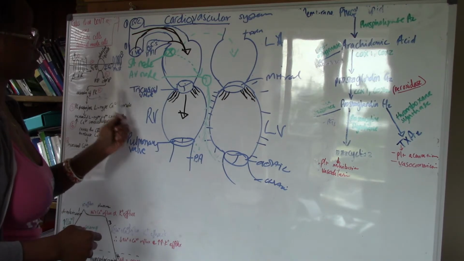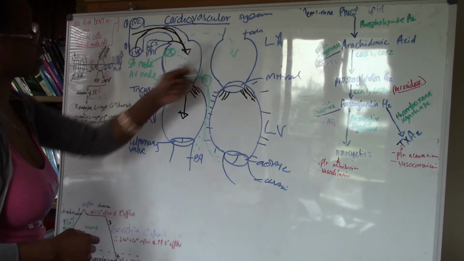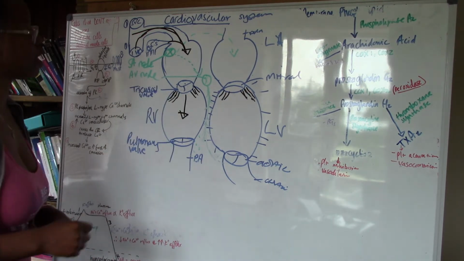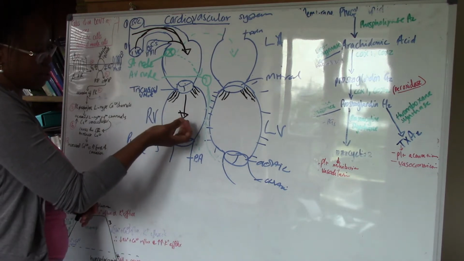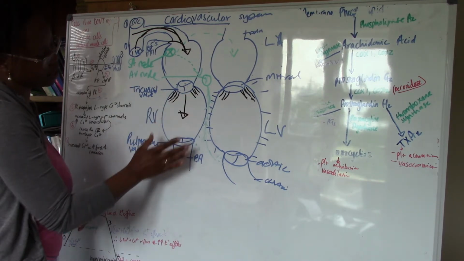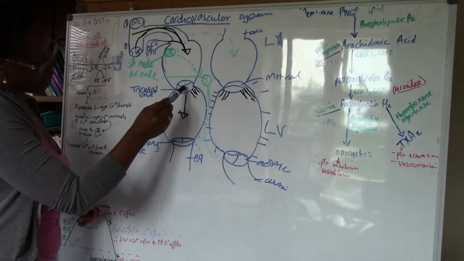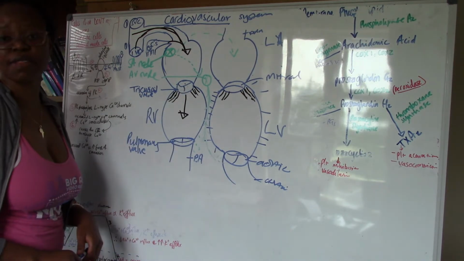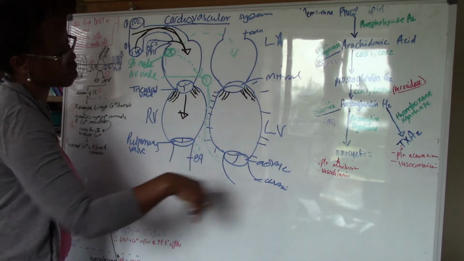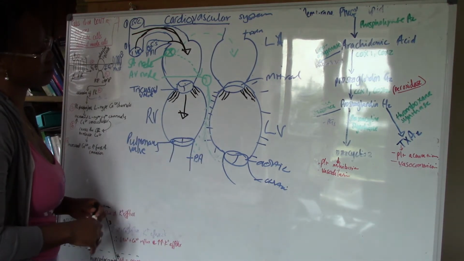So once the atria contracts, the tricuspid valve opens, allowing the right ventricle to receive blood, and as the tricuspid valve opens, the pulmonary valve is closed at the time. So we're starting with a closed system to make life easy.